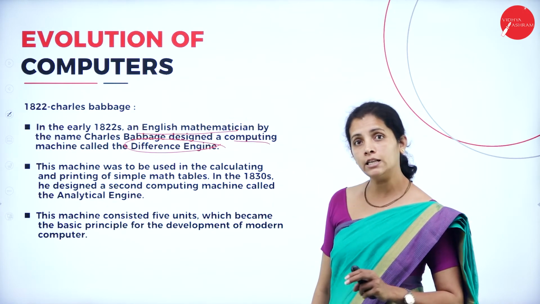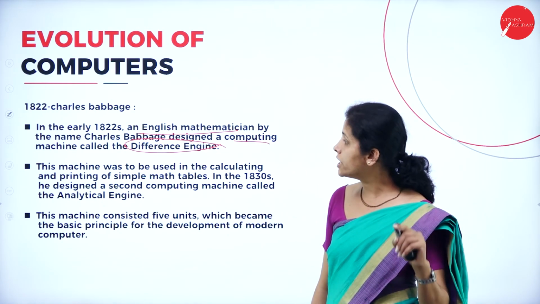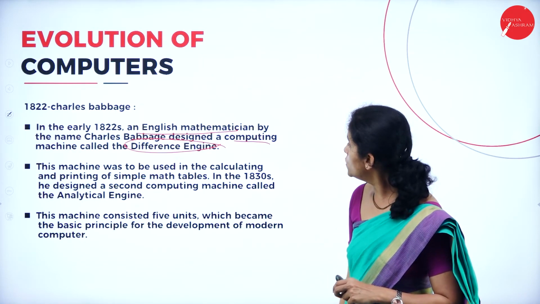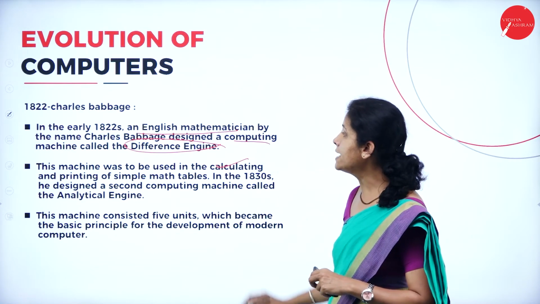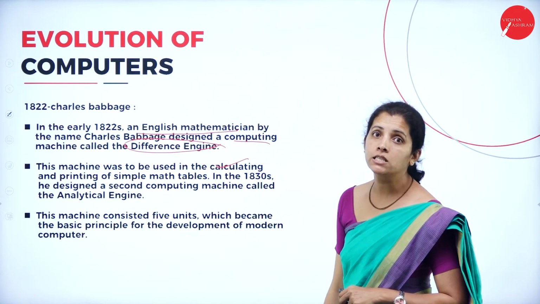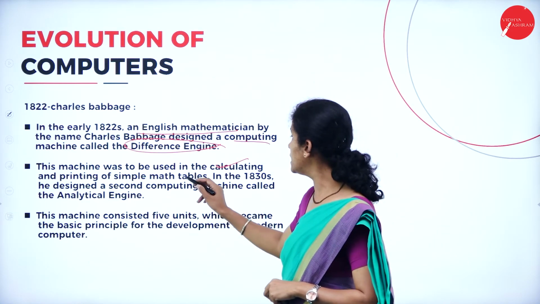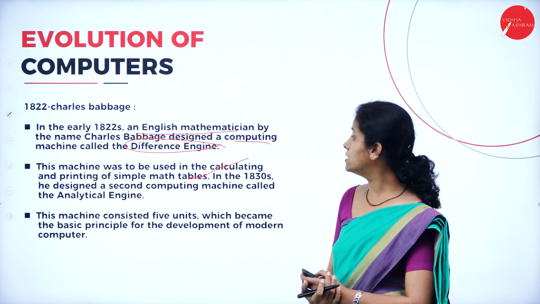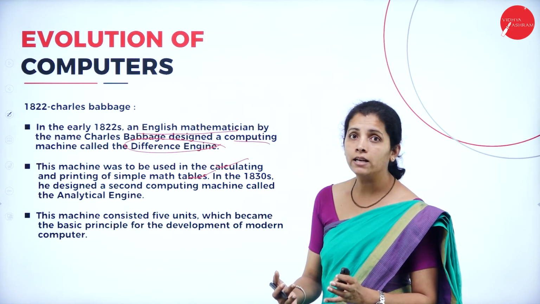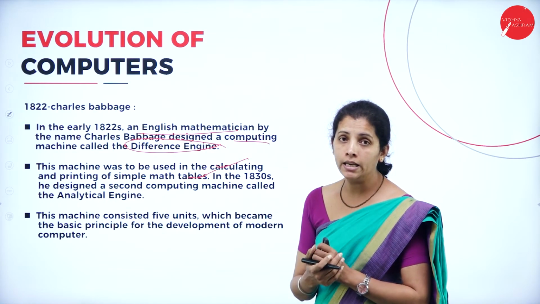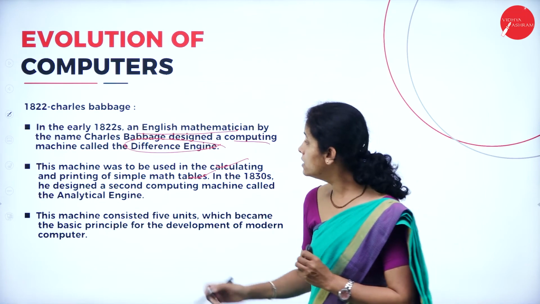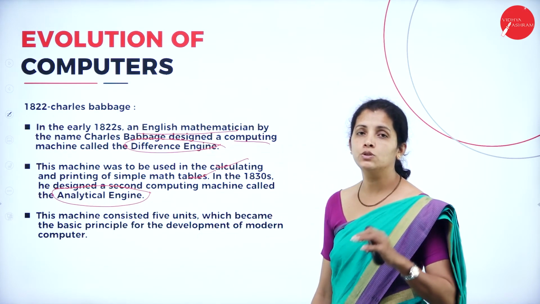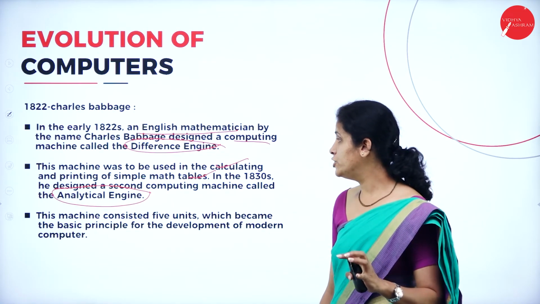This machine was used to calculate and print simple mathematical tables. Along with that, in the year 1830, he designed a second computer, and it is known as the analytical engine.